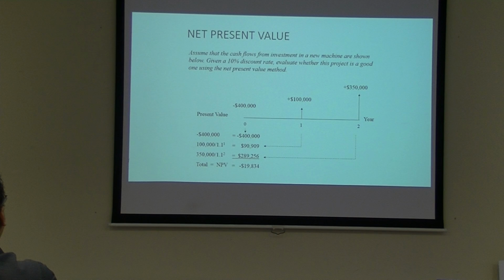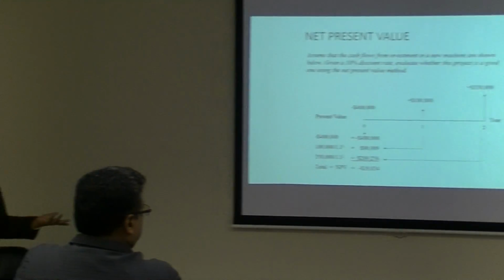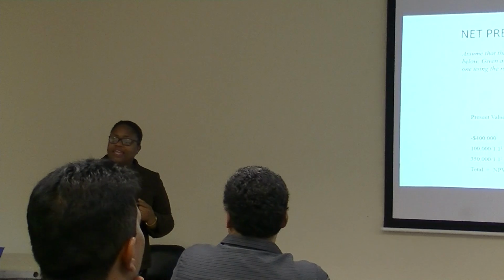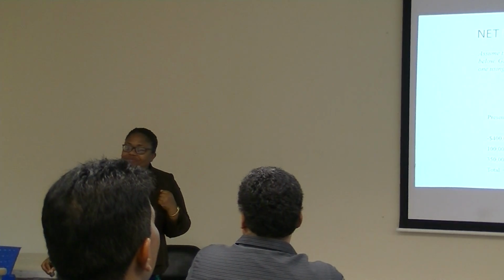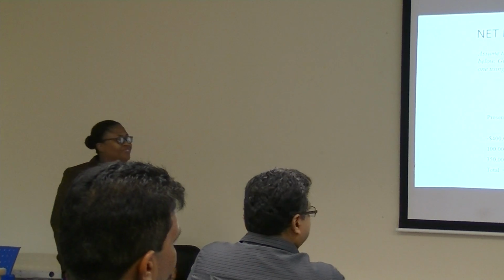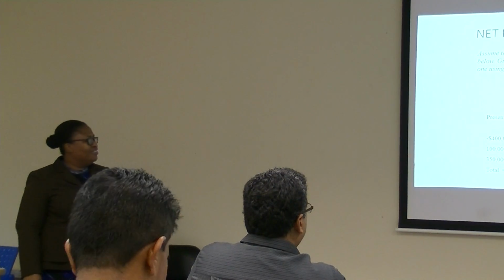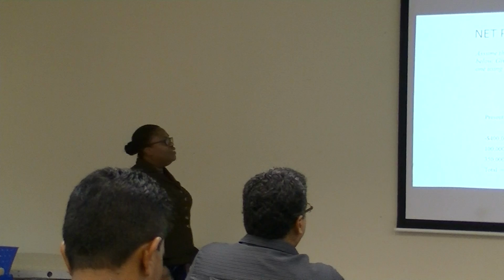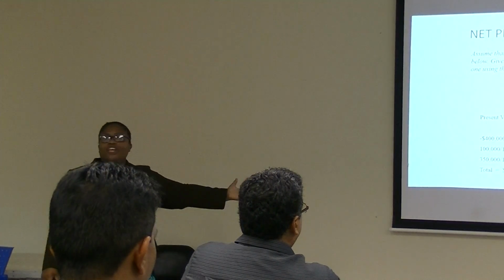So what if the discount rate was 5%? Suppose we got an investor who only wanted 5%. You have your calculators? The only thing you really have to change is the discount rate.